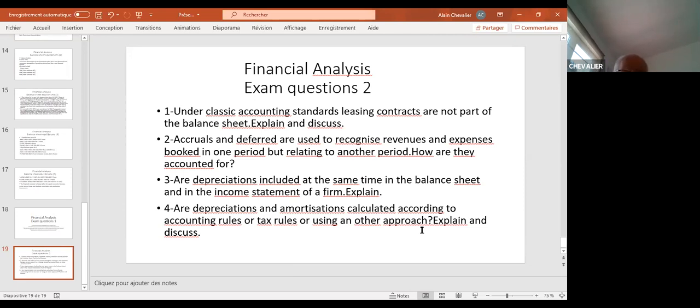A good example of that are transportation firms. Many transportation firms in many countries use a large percentage of leasing contracts to finance their lorries. If you keep only the ownership principle, you have a look at the balance sheet and you find 2 or 3 lorries they own.